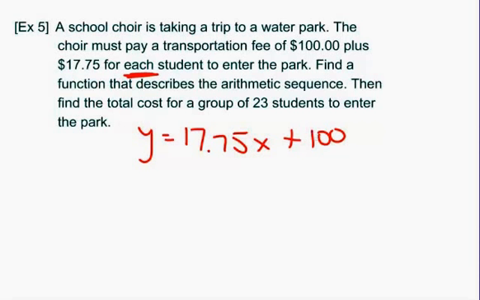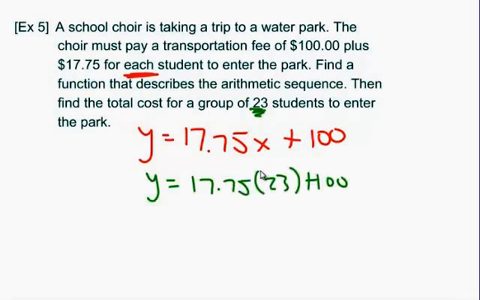Now it says, then find the total cost of a group of 23 students. This is x students. This is if we had 100 students, 1,000 students, 1 student, 2 students. So we need to find out for 23 students. So we would just plug in 17.75 times 23 plus 100. And so now we have to do a little multiplication over here to the side.